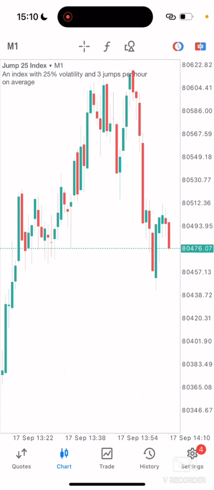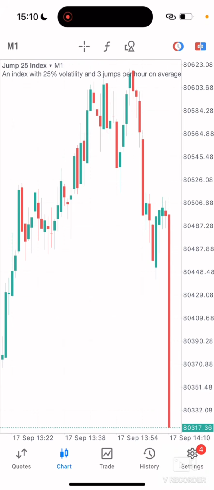Before you can trade these pairs, you must be very good with the higher time frame. You must be very good with the H4 candle, the daily candle, the 1 hour candle. You must be very good with all these candlesticks before you can execute trades on pairs like this. Now, you can see a spike just happened here.